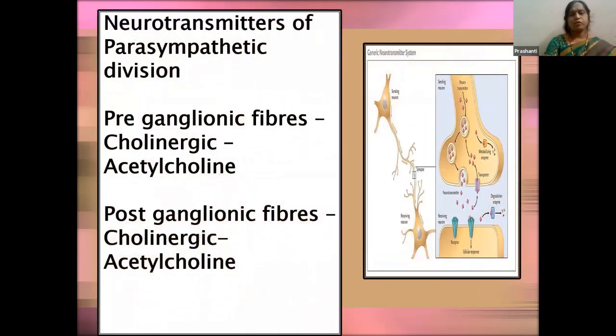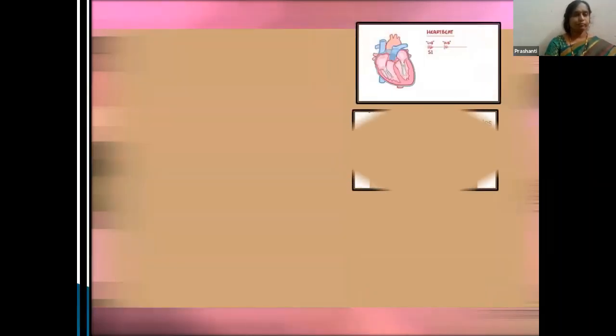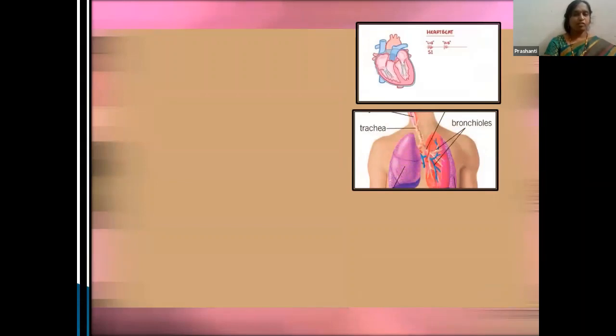And what are the neurotransmitters of parasympathetic? The neurotransmitter, children, is acetylcholine, in both preganglionic and postganglionic nerve fibers. It binds to the specific receptor, which is called the cholinergic receptor. And here it shows an effect on the various organs.